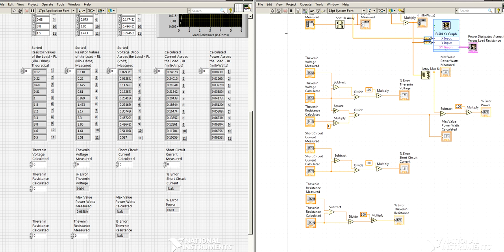Okay, now that we've created our LabVIEW VIs to analyze our data, we've used the myDAQ breadboard to measure the values that we were looking for. Having performed all of that, you're ready to write up your lab report.